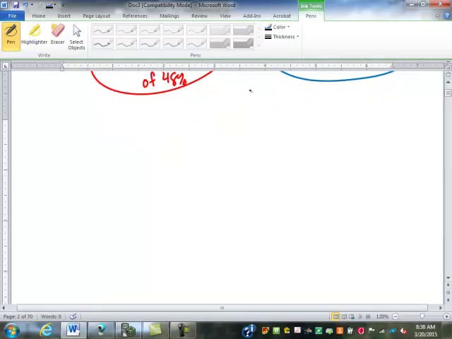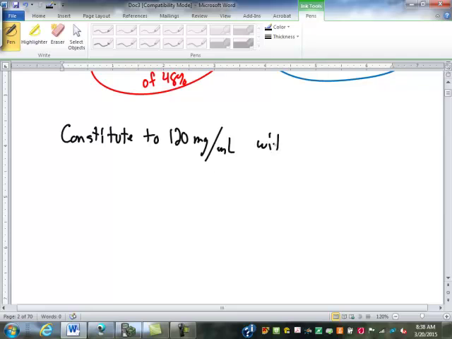Anyways, I presented you with 3 different ways of doing the dosage calculation. So let's say that we have a bottle that says reconstitute to 120 milligrams per milliliter with 4.5 milliliters sterile water.